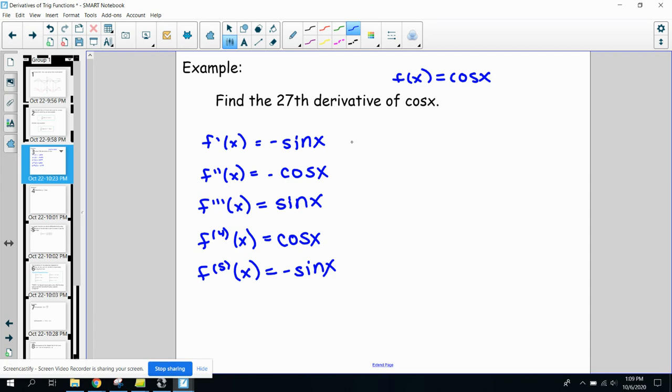If I had the 28th derivative, which is a multiple of 4, it would land on the cosine of x. So the 27th is 1 less than that, so it's going to end up being sine of x. We're looking for a pattern, and we see that the pattern repeats after every 4. So instead of doing it 27 times, figure out the pattern, and then we can figure it out from there.